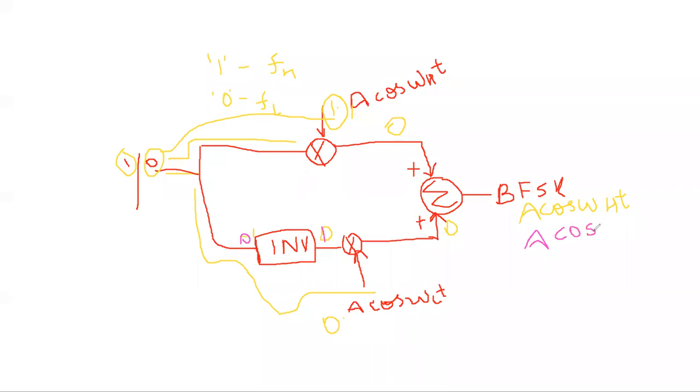From this conceptual diagram, it is very clear that if logic 1 is applied to the BFSK, the output will be the higher frequency component of the carrier, omega H, and for logic 0 the component changes to the lower frequency component, omega L. So at any time, the output of BFSK is either the higher frequency component or the lower frequency component of the carrier.